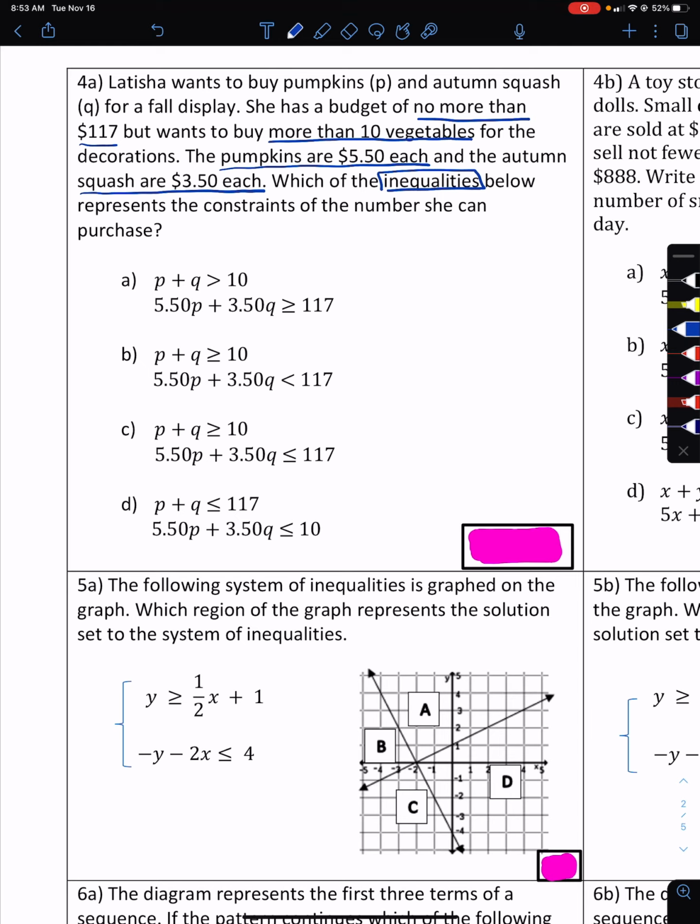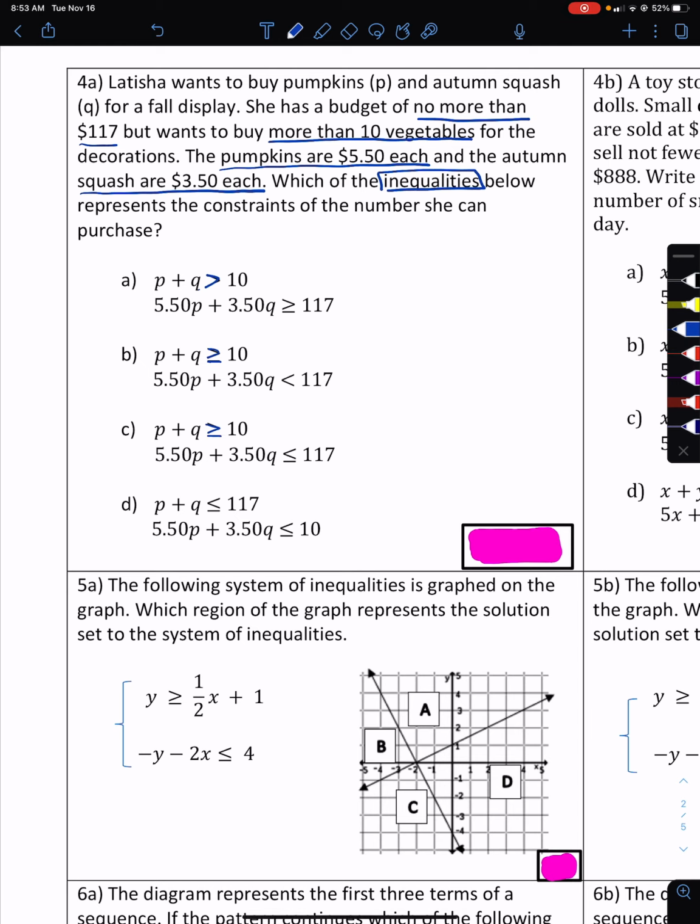All right, so she's buying pumpkin and squash, and she wants to have more than 10. So P and Q are going to be added, and it has to be greater than 10. All right, P plus Q is greater than 10.